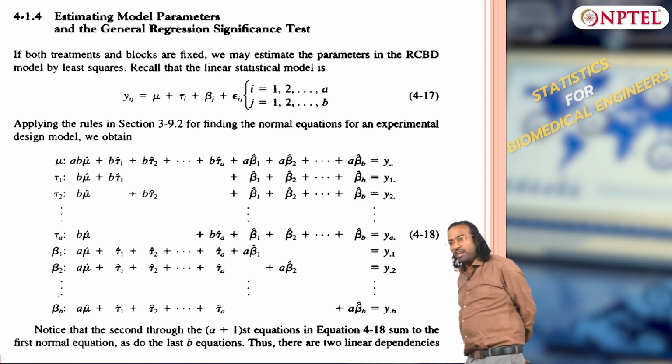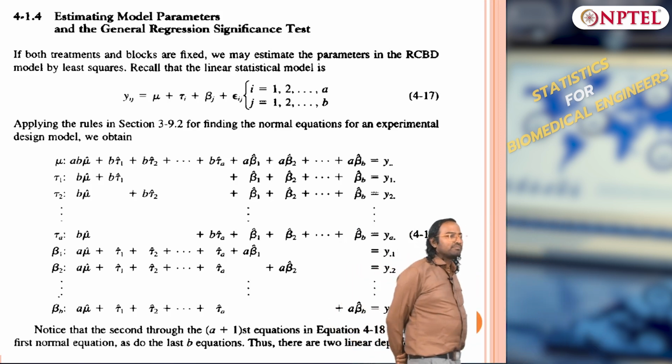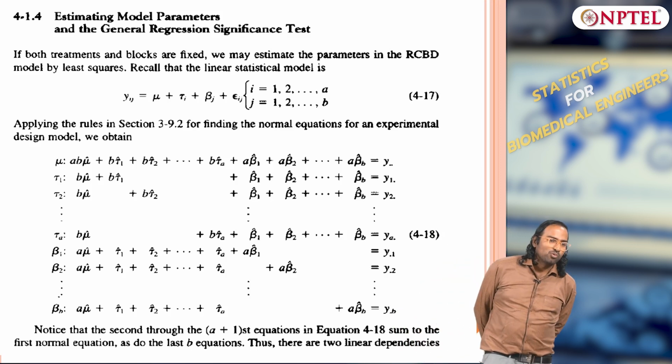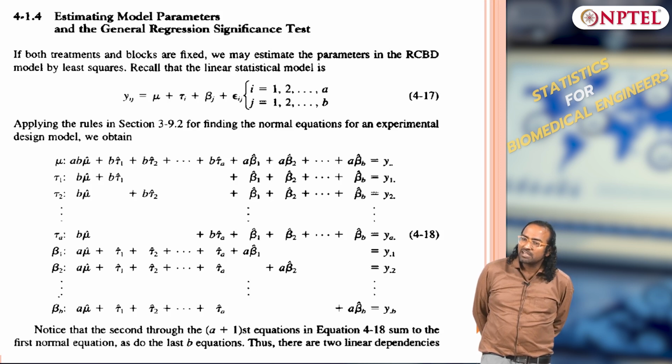How many regression equations will I have? Totally how many parameters, remember the rules. In y equals mu plus tau i plus beta j plus epsilon ij, how many parameters are there?